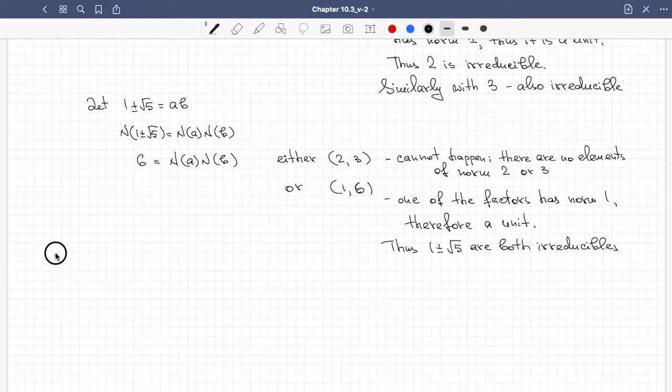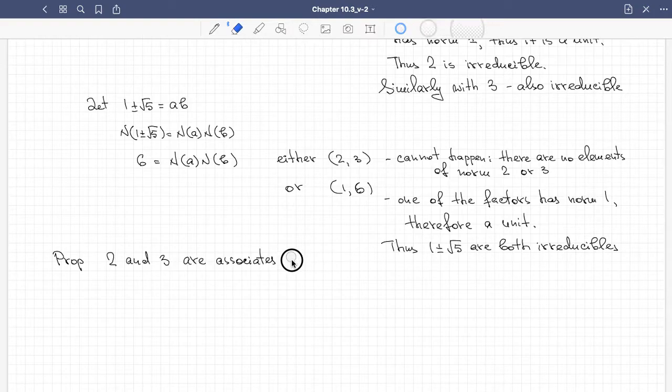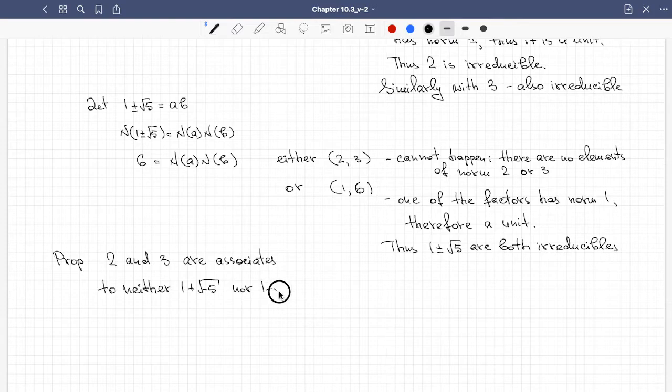So let me write it as a separate proposition. 2 and 3 are associates to neither 1 plus root of negative 5 nor 1 minus root of negative 5.